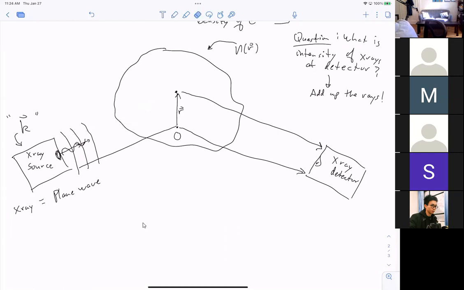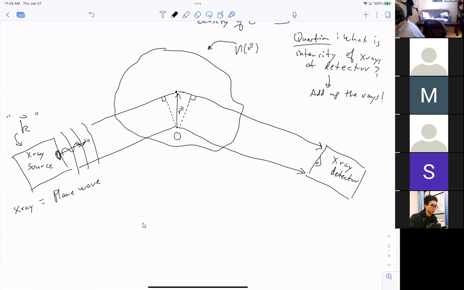Okay, so now let's do this construction. I can draw a perpendicular line there, and then I can draw another perpendicular line here.